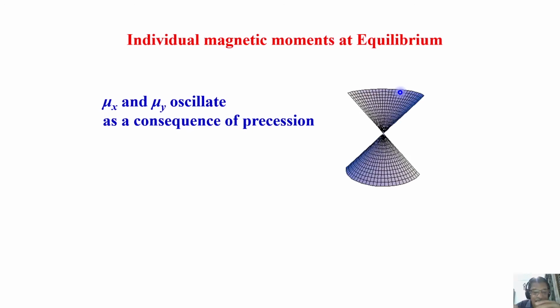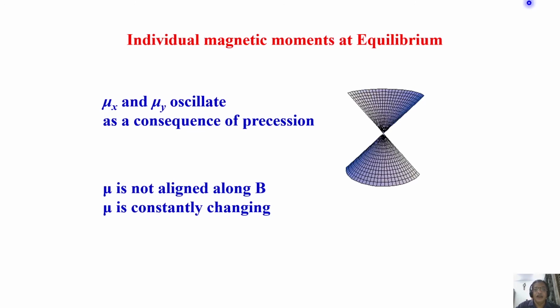And mu, the magnetic moment, as I said, is a vector. You can resolve it into three components, x, y and z components. The components mu x and mu y also start oscillating as a consequence of precession. And mu is not always aligned along B. Individual magnetic moment is constantly changing because of precession.